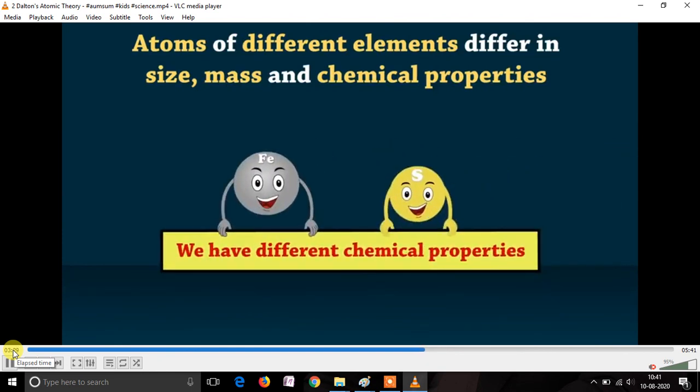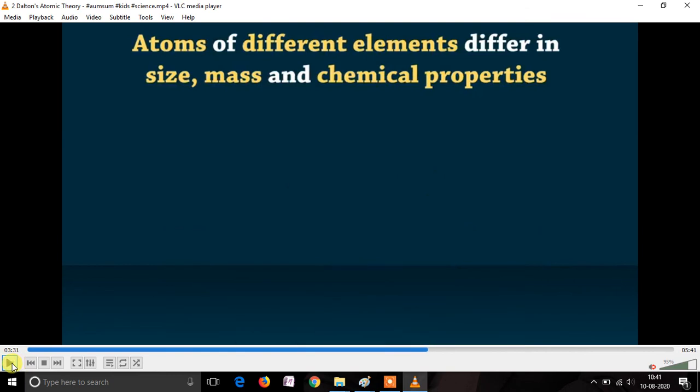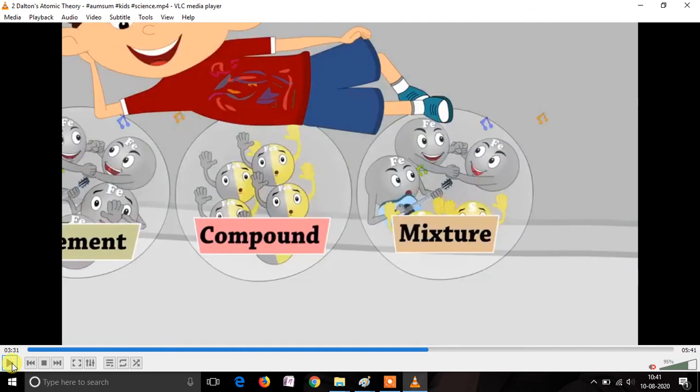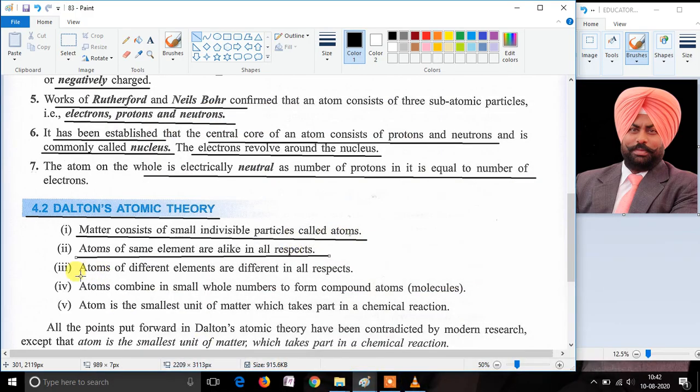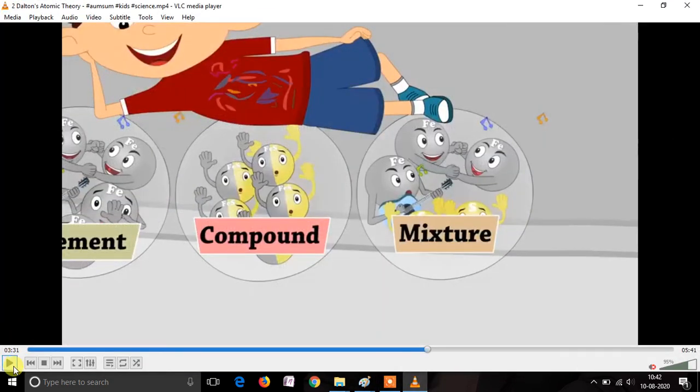On the whole, it concludes that they have different chemical properties also. And here you can see the atoms of different elements are different in all respects. Let's see further.